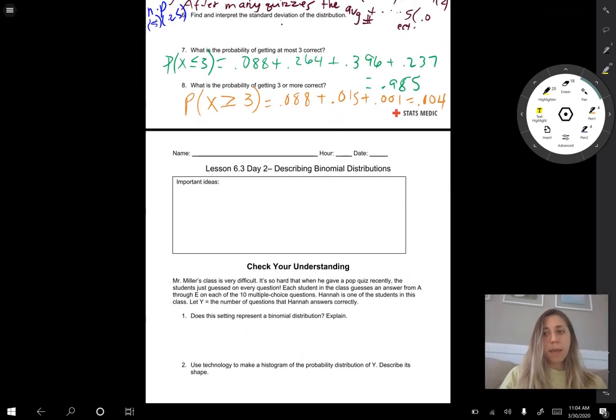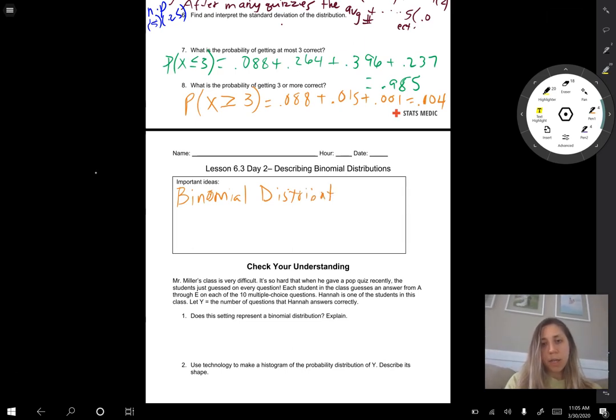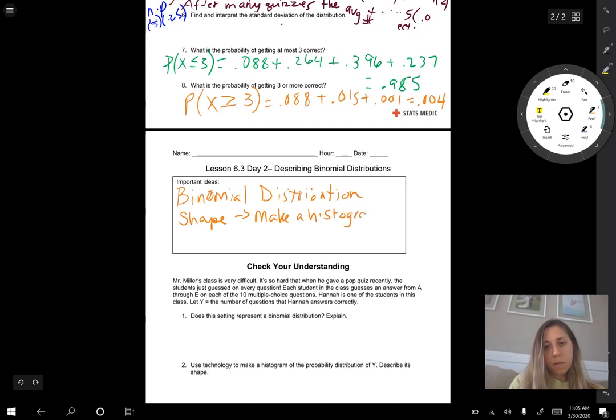If you are talking about a binomial distribution, so I'm going to change this pen color, binomial. Remember, anytime we talk about distributions, we have shape, center, and spread. So shape, you can make a histogram of your values. Center, which is the mean, which the mean is n times p.